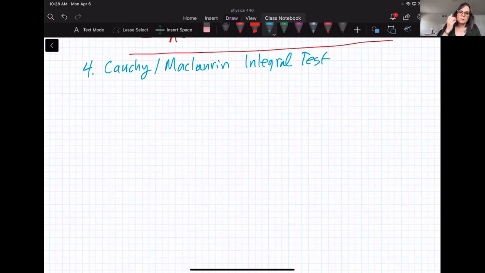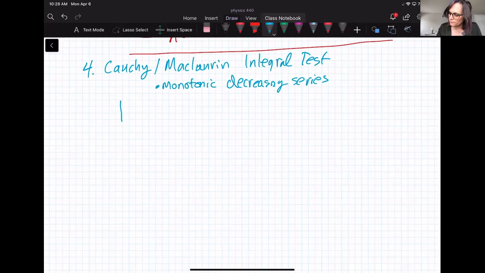So the idea behind the integral test is, again, you have a monotonically decreasing series. But the idea is that if you can translate that into an integral and the result of the integral is finite, then the series converges.